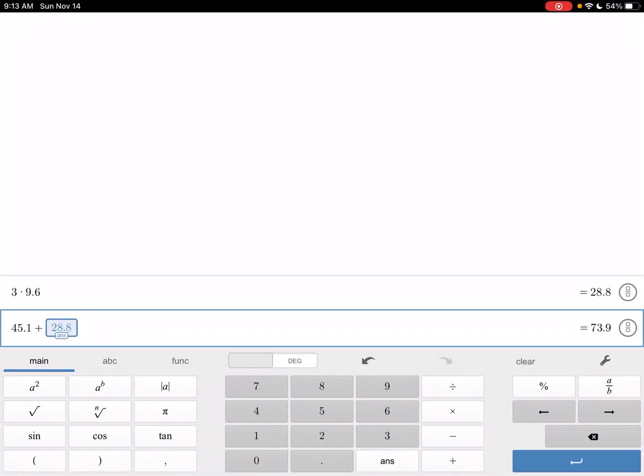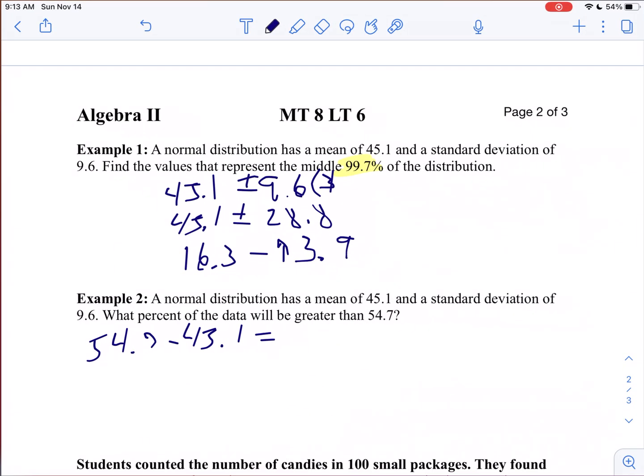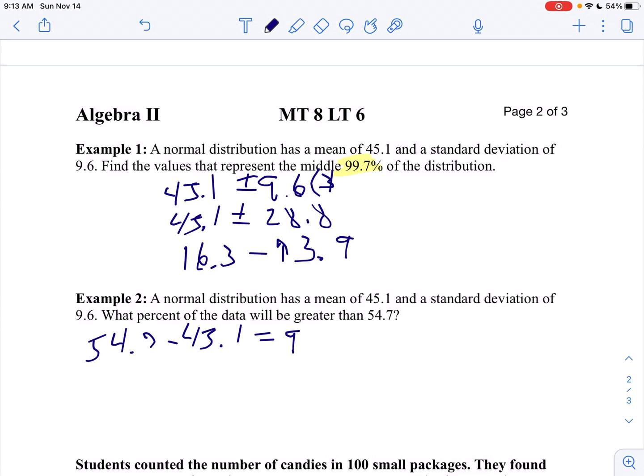That is going to be 9.6. So that's within 1 standard deviation. So I know within 1 standard deviation of the mean is 54.7.